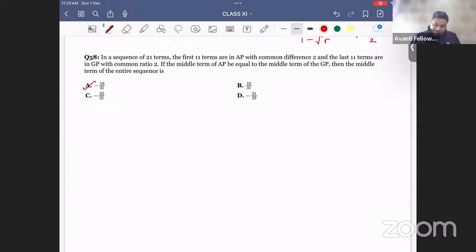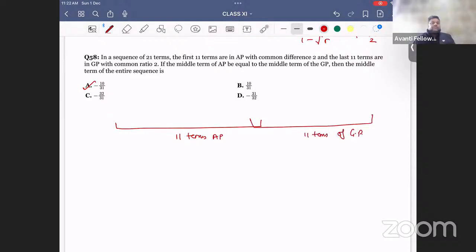Okay. So there are total 11 terms here, AP. One term is going to be common, and then these next 11 terms of GP. But if I take first term as A, then A plus D, common difference is 2, so A plus 2, then A plus 4 and so on. This term according to AP is going to be A plus 20, A plus 10D.